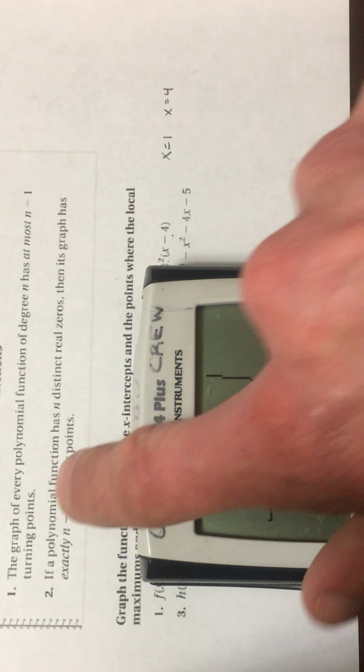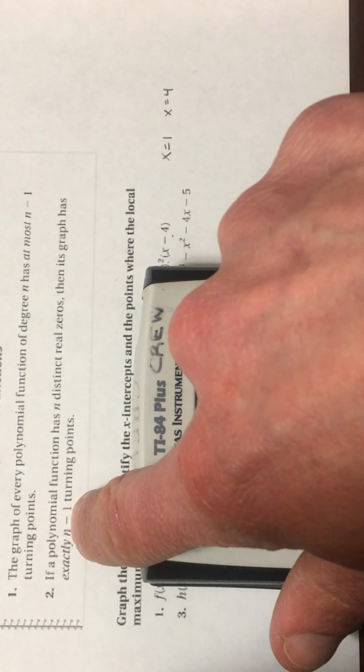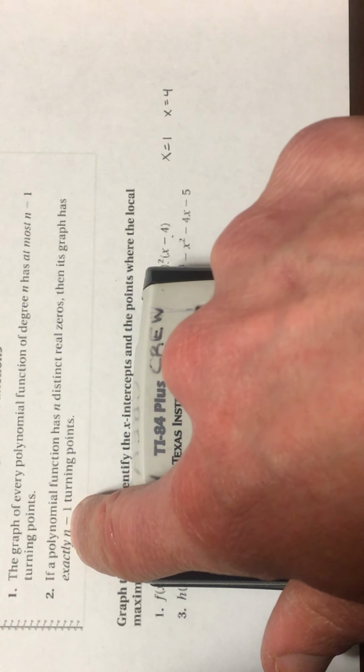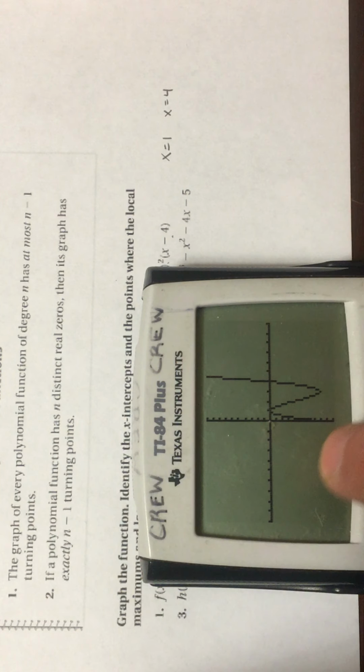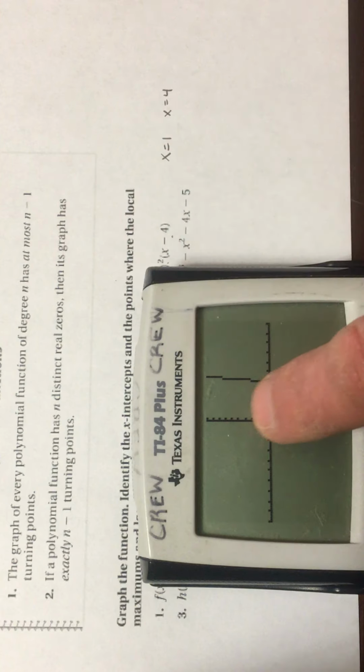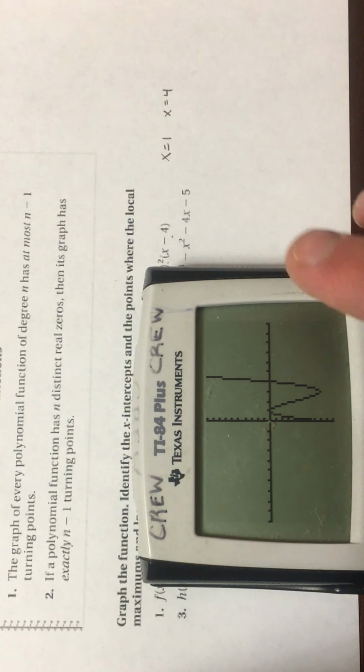So if we go back to here, we are at 2 real zeros, so it's turning, if a polynomial function has n distinct real zeros, oh, we got 3 because of the repeat, so it's turning twice. There we go. I forgot about the repeat.